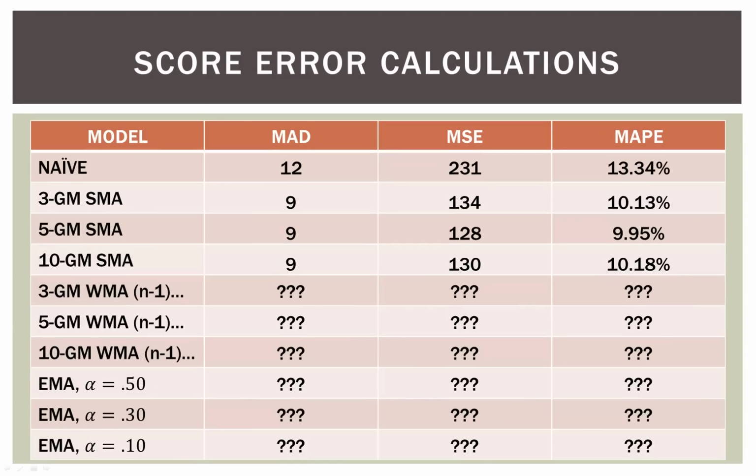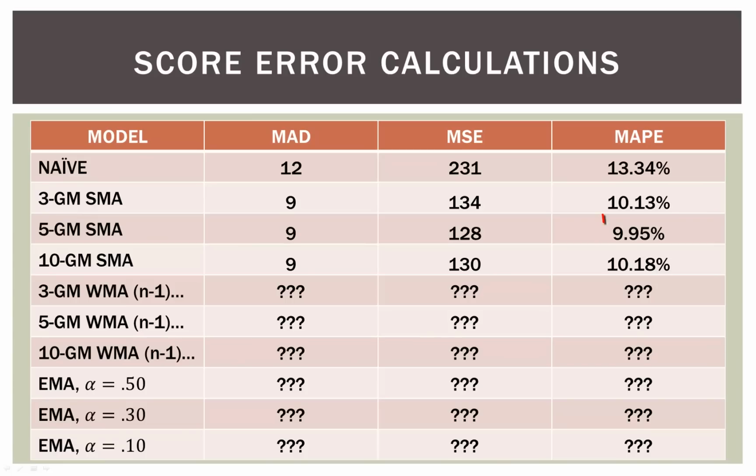Now, the MAD, the MSE, and the MAPE for those 3 simple moving averages. As you can see, the MAD is 9 for all 3 of those simple moving averages, which is quite a bit less than the naive approach. So on average, those simple moving averages were 9 points away from the actual score. As far as the MSE goes, it appears that the 5-game simple moving average had a little bit lower MSE than the other 2.